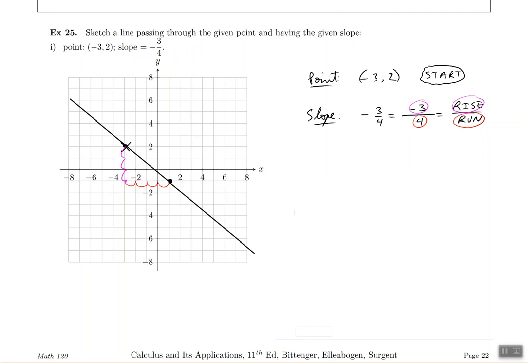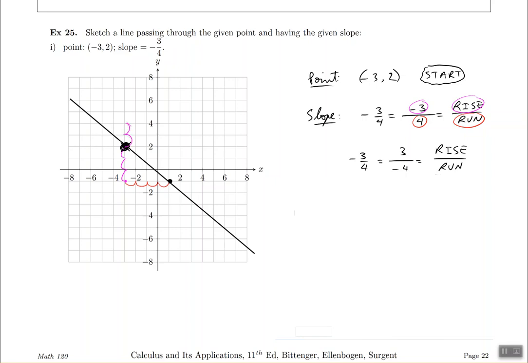Now notice that the same graph would have been true if I had decided to put the negative on the denominator instead of in front of the fraction. So for example, if I had decided to go 3 divided by negative 4. So in this case, the rise would still be 3 and the run would be negative 4. So let's see, starting at the original point, if I rise 3 steps, that means I'm going to go up 3 steps.